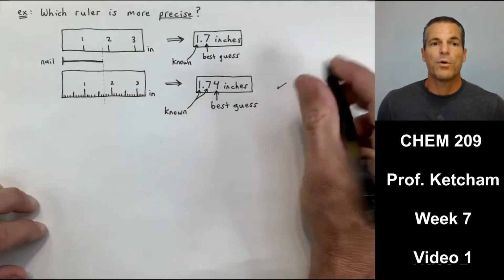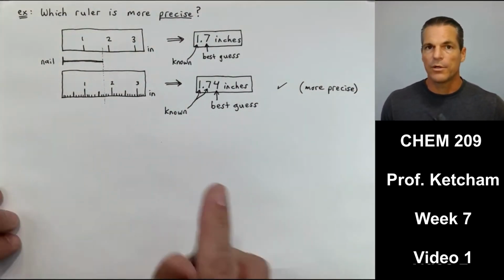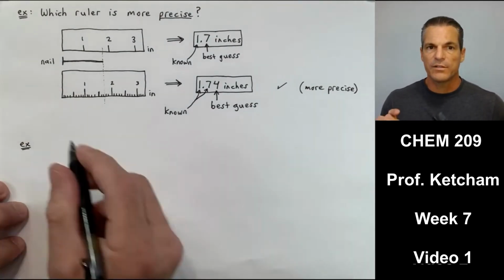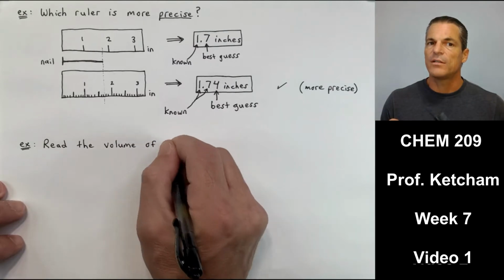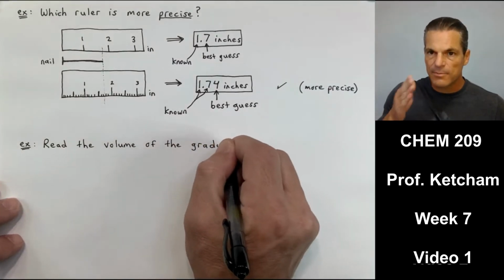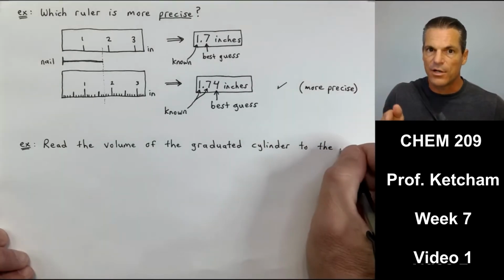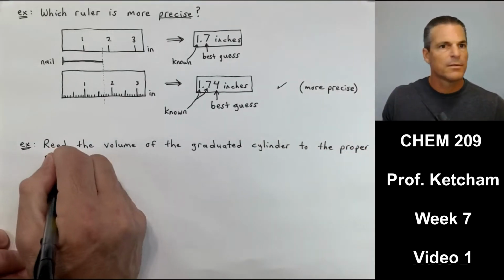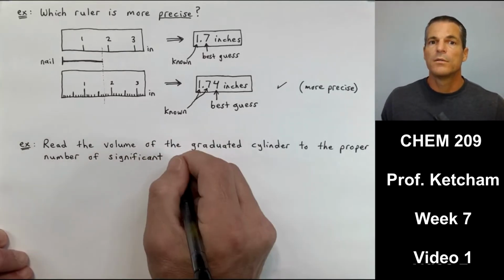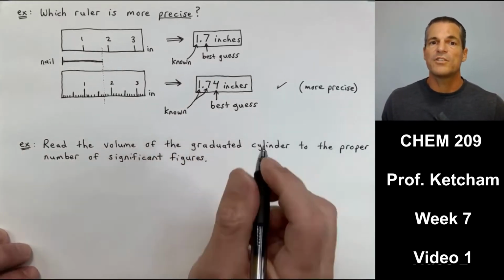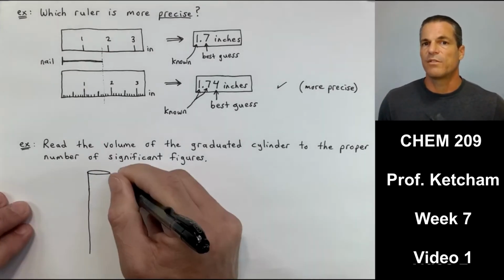So the bottom one, I know for a fact, if you really look closely, it's in between 1.7 and 1.8. Those are little tick marks. There's a 1.7 tick mark and there's a 1.8 tick mark. It's known. And I'm in between them. I got really close with my eyes and my best guess was a 4. So 1.74, 3 digits, 3 significant figures. 1.7 is only 2 significant figures.